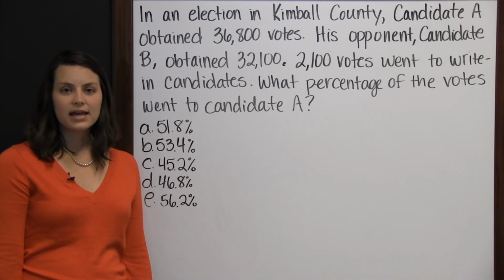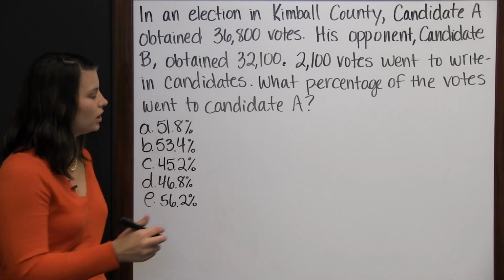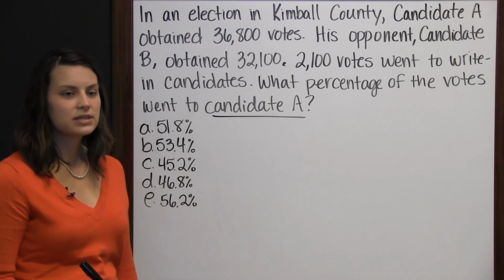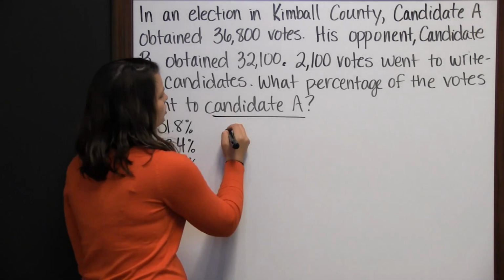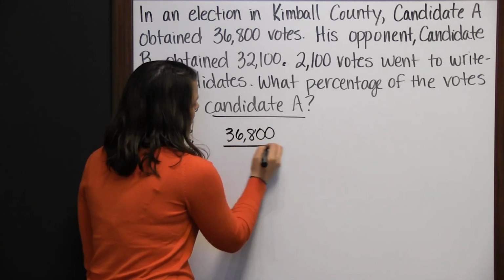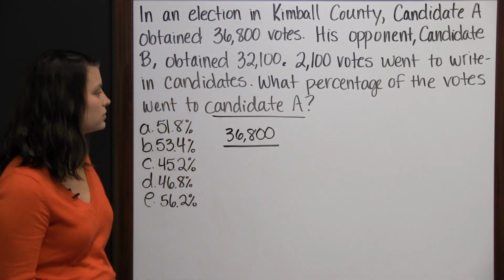To find a percent, we need the part over the whole. And we know the part. The part is the number of votes candidate A received, which is 36,800. What I need to know is the whole, or the total number of votes.